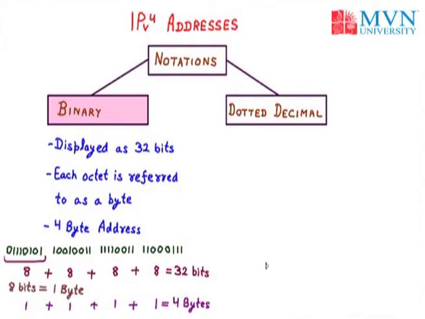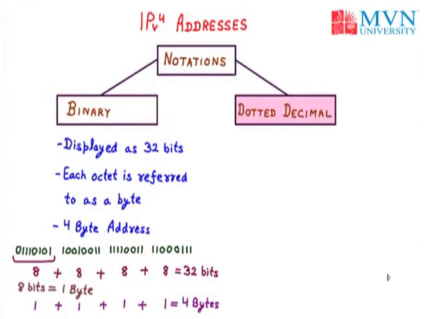Now come to the dotted decimal notation of IPv4 addresses. The dotted decimal notation is more compact and easy to read.